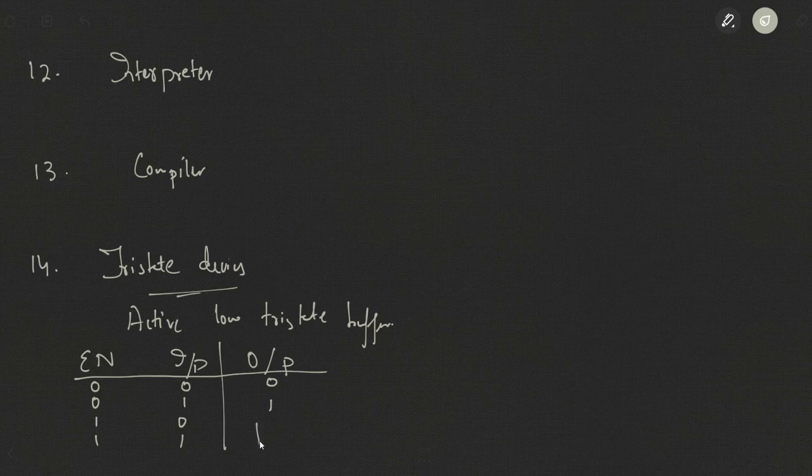As far as these two states are concerned, they are known as high impedance states. Like you have seen in flip-flops, for certain devices you may have a condition wherein your output may be undeterminable.